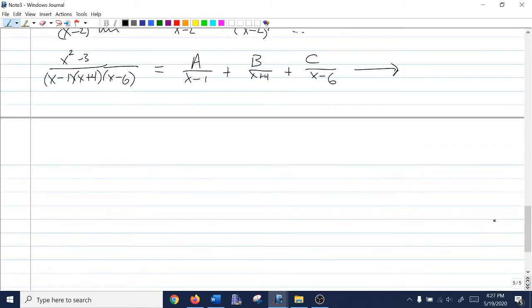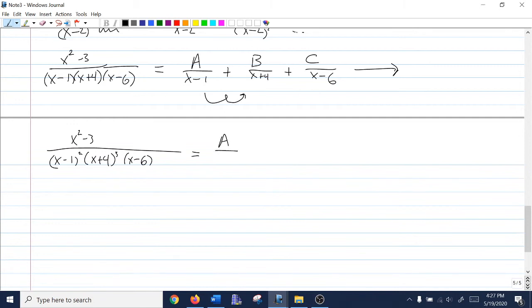If there's repetition of your factors, then like we said, you need to keep repeating terms, counting up the power until you've reached the power you want.